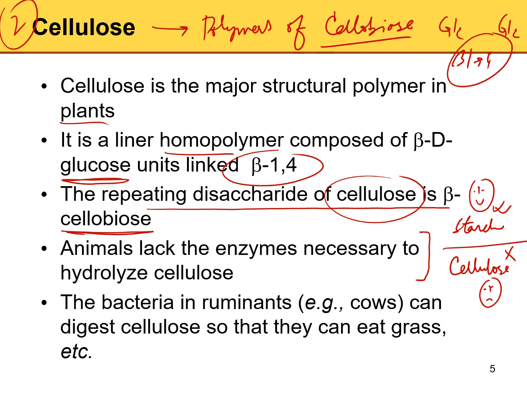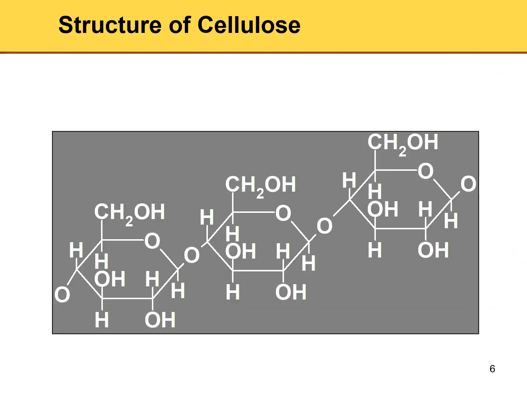Why can we eat starch but not cellulose? Because animals lack the enzymes necessary to break down the bond. We don't have the enzymes to break down beta 1,4 glycosidic bonds, but we can break down the alpha 1,4.